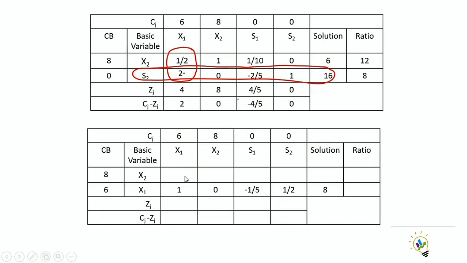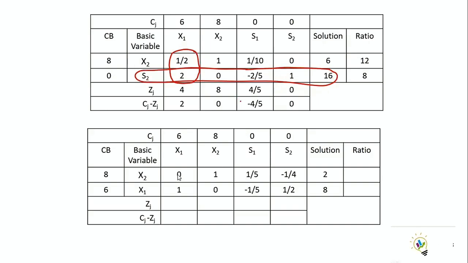Now we need to find x2 values. When you want to find the x2 value, you must use old value minus key column value into key row value divided by key element. I already explained how to do this in the video. So old value is 1 by 2 minus 1 by 2 into 2 divided by 2.